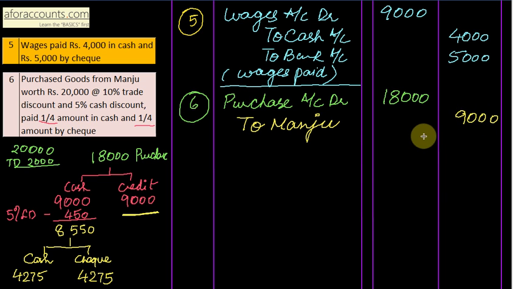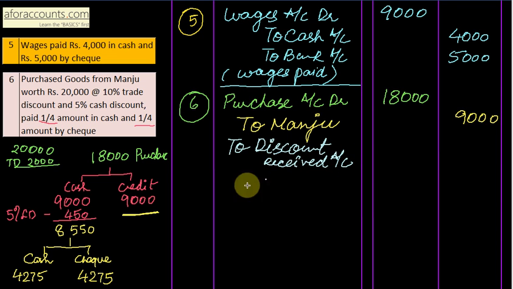Now the remaining balance I have paid, but how? Half is paid in cash, half is paid by check after deducting 450 discount. So to discount.